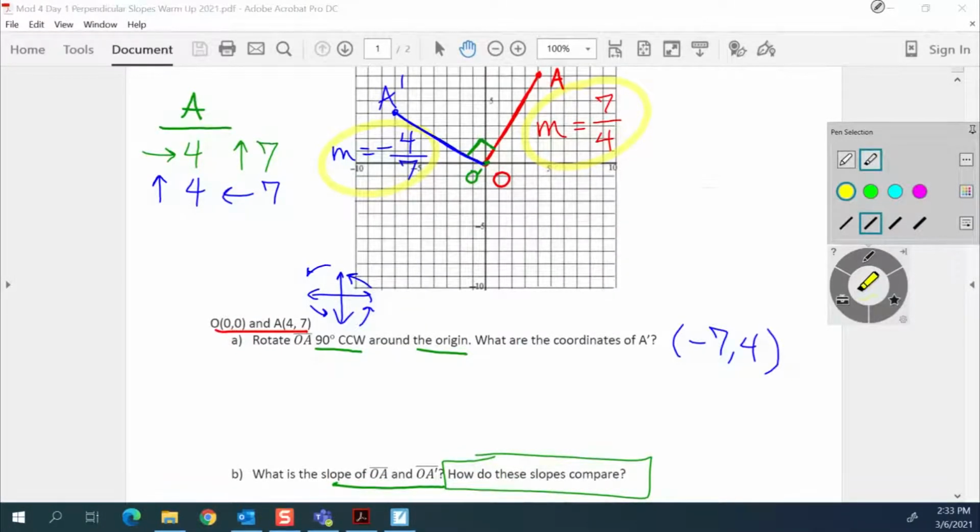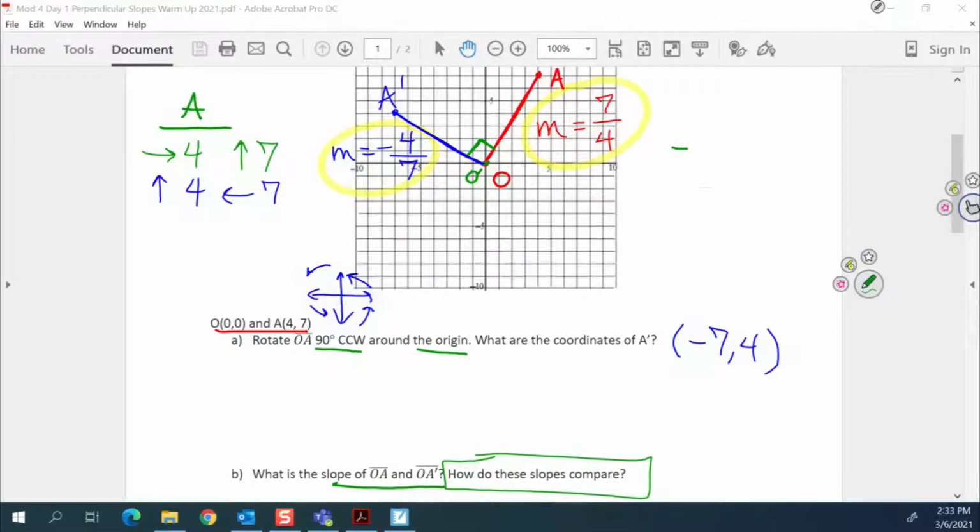Well, there are two things that happen. The first and most obvious is they are reciprocals of each other, meaning I've taken the fraction and I flipped it over. But not just that, the signs are also different. This is a negative and this one's a positive. They are negative reciprocals of each other. That's the first thing that happens.